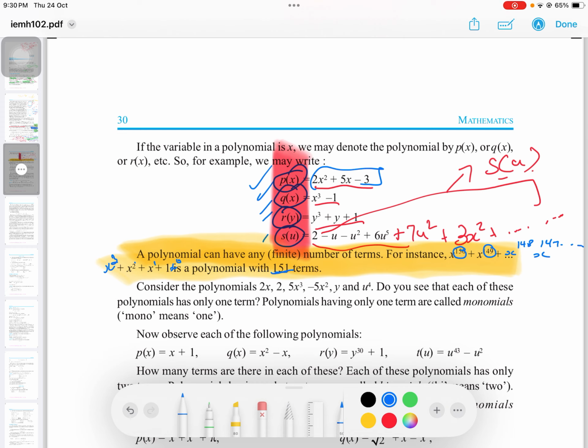But ஒரு பாலினாமியலோட இன்னொரு condition, it can only have finite terms.